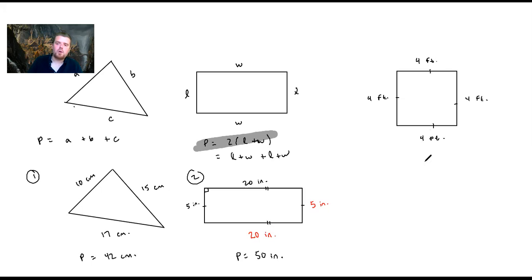Again, there is a perimeter formula that's going to be listed. It's going to say P equals 4S, where S is the side of the square. 4 times 4 is the same as 4 plus 4 plus 4 plus 4. Perimeter here is 16 feet. So just keep those little quirks in mind. Again, you're more than welcome to use your notes as much as you like, but for my recommendation, anytime you're doing perimeter, add up all the sides.